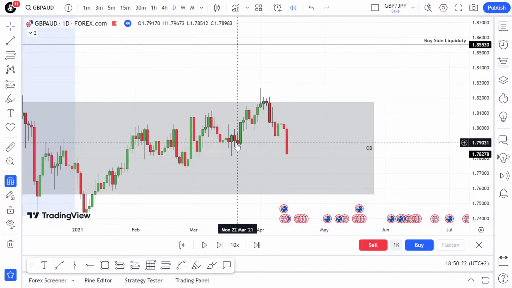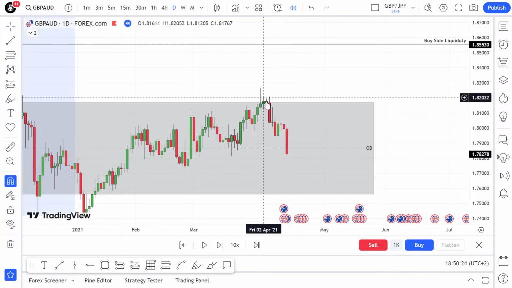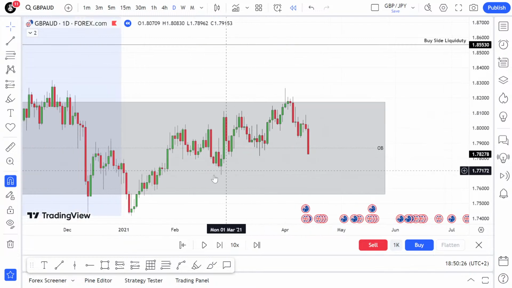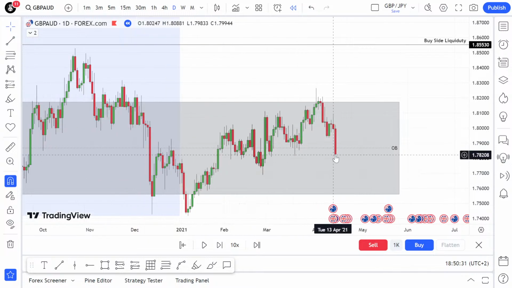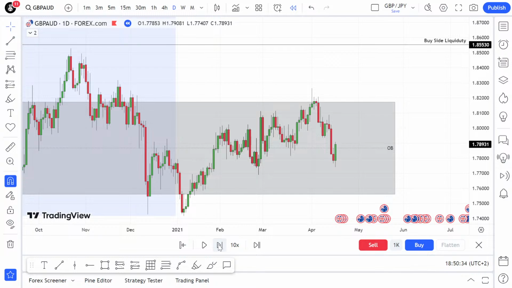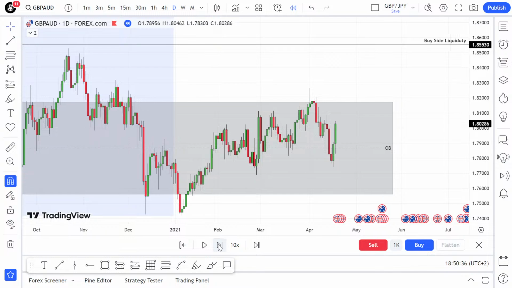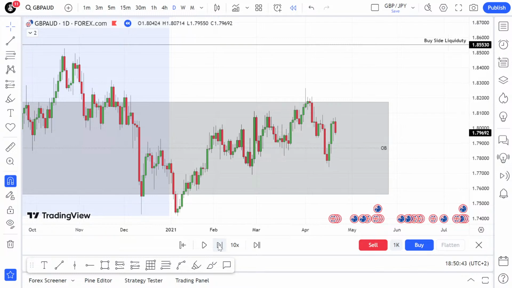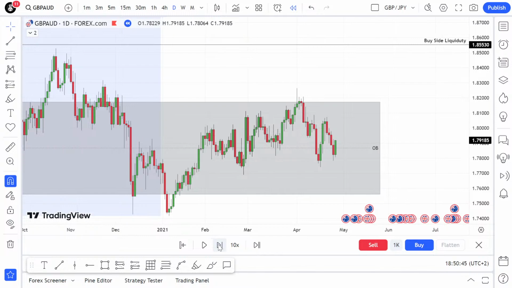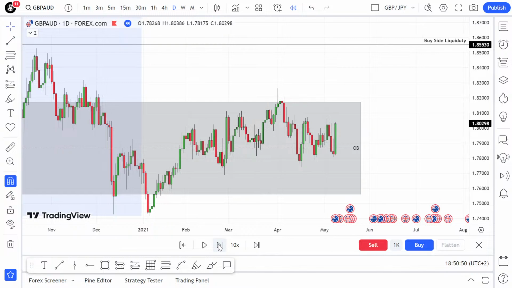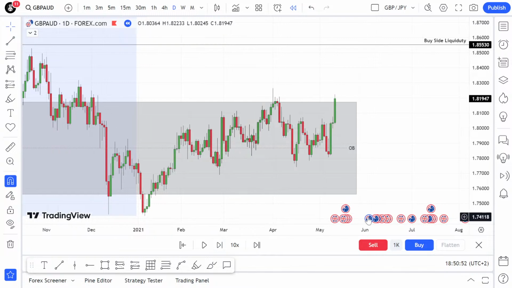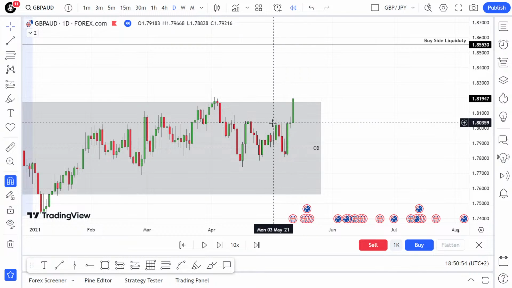Okay, we are starting to build a little bit sharper structure in here, as you can see. Now I would ideally want to see price wicking, not too much of a clean break of structure to the downside, because then I want to see the break of structure to the upside in daily. Okay, now we're starting to see some clean candles.